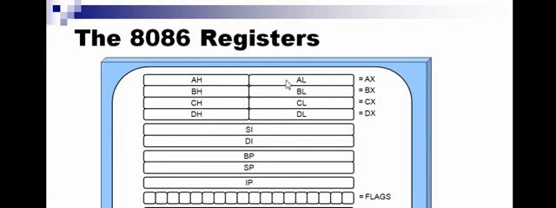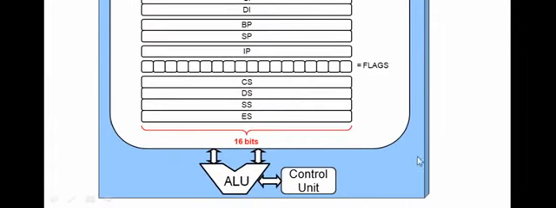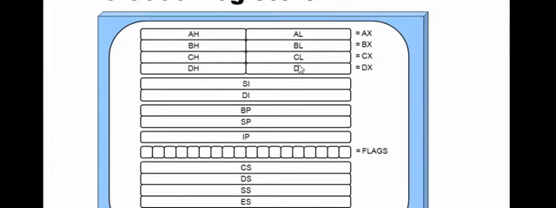In addition to the accumulator, we have 3 more 16-bit registers, that means 2 bytes. But they can be used as a byte register or as a word register, meaning it can act as DX, for example, as a word, that means 16 bits, or as 2 bytes, one the lower and one the upper.